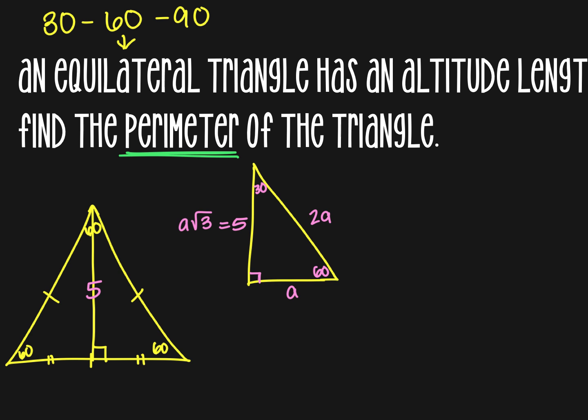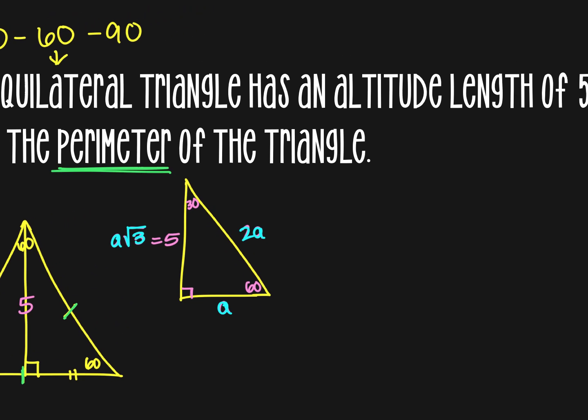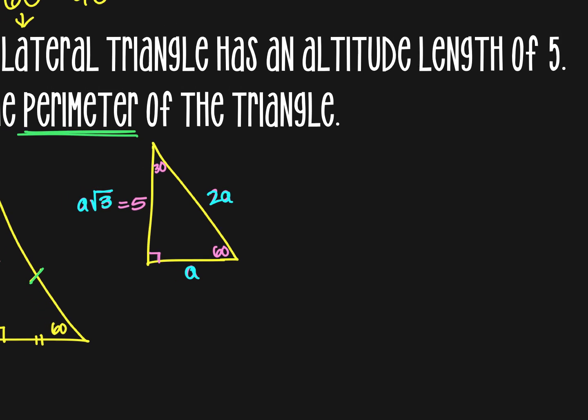Let me put these in a different color. Now I'm going to solve for A because I need to find that 2A. I'm trying to find all my sides, and all my sides are going to be the same measure. So I need to solve for A first. A radical 3 equals 5, trying to get A by itself.